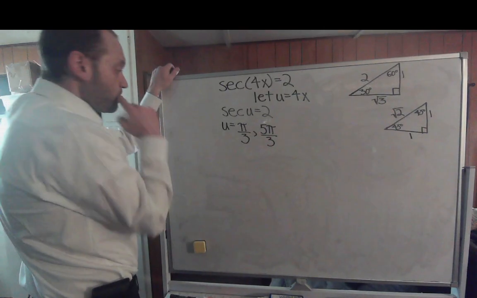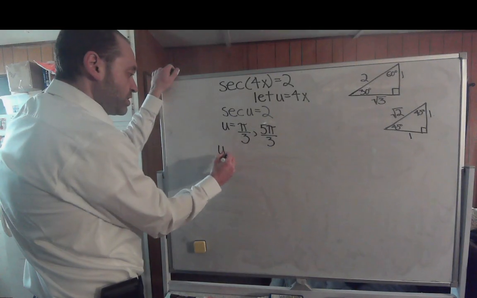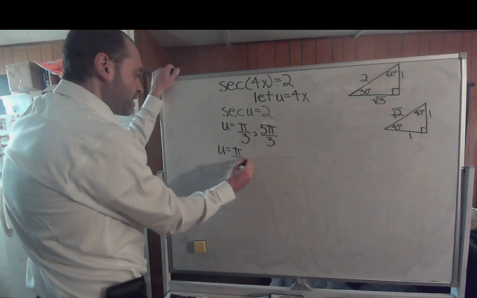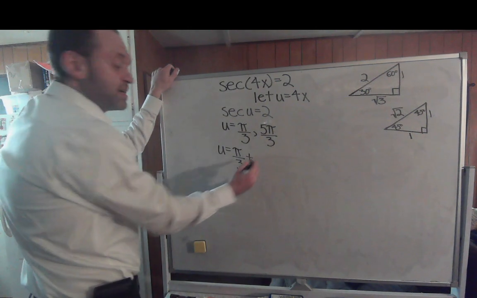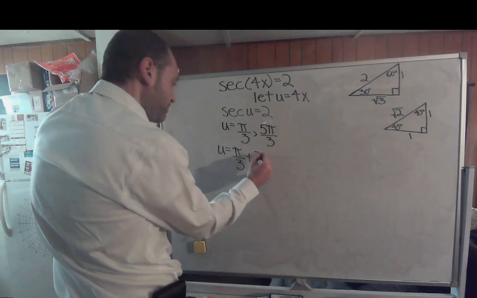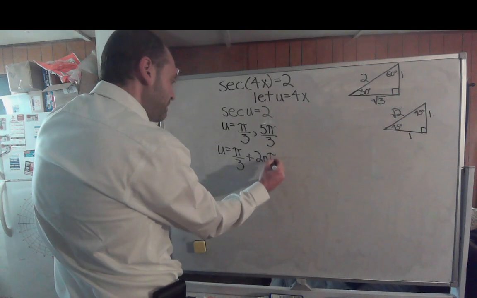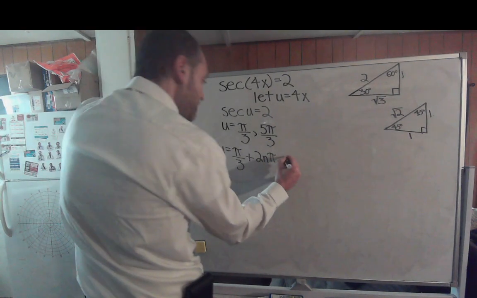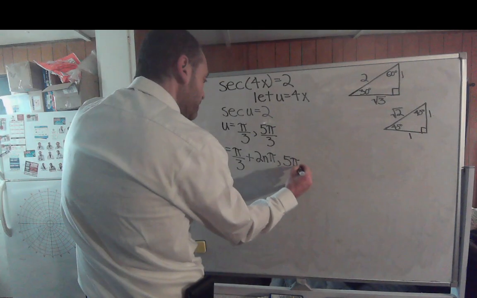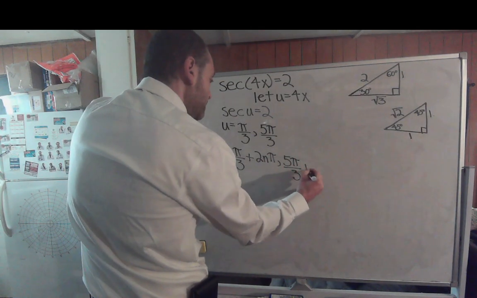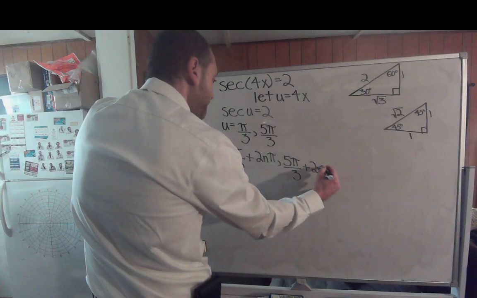So in general, u would equal pi over 3. And then the period of secant is 2 pi. So pi over 3 plus 2n pi. And then again, you'll have 5 pi over 3 plus 2n pi.